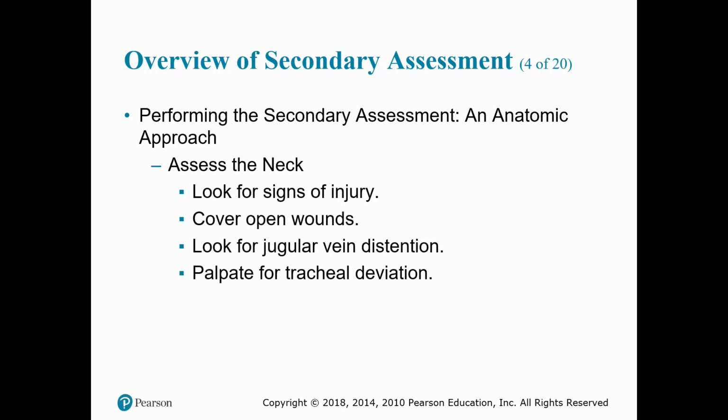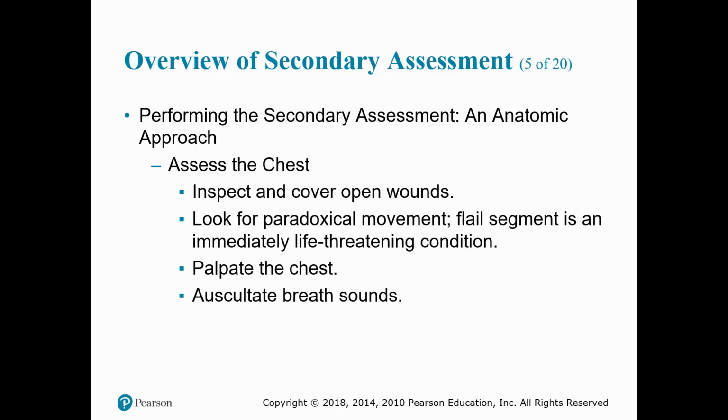Moving down below the neck, we go to assess the chest. We want to inspect and cover any open wounds. We're looking for paradoxical movement, a flail segment, an immediately life-threatening condition. A patient with a simple rib fracture may breathe very shallowly and rapidly because of the pain associated with deeper breathing.